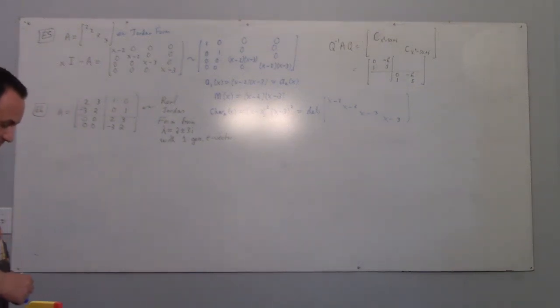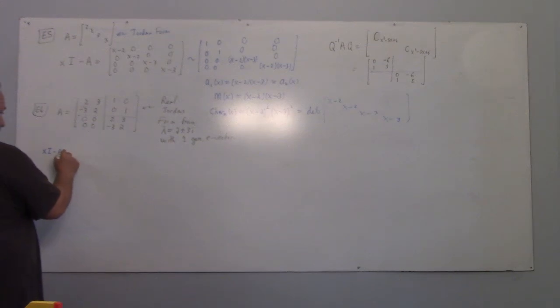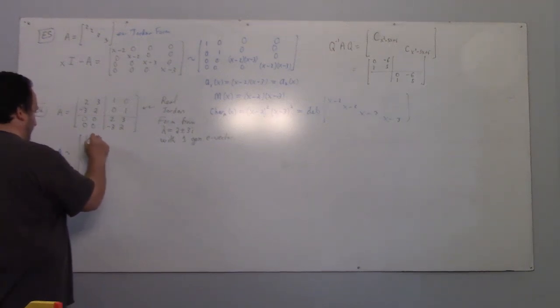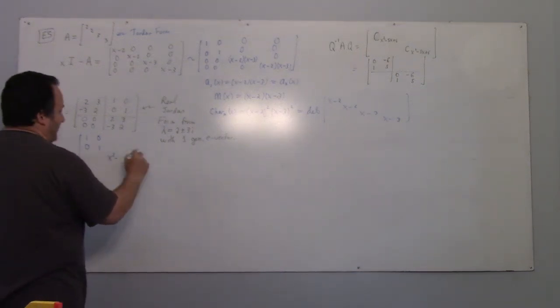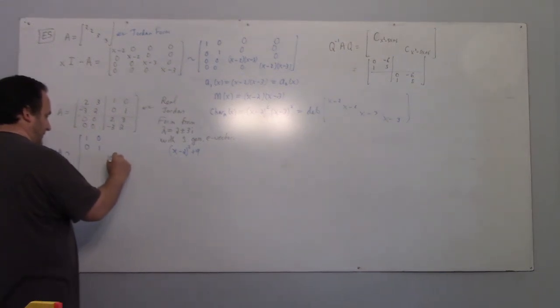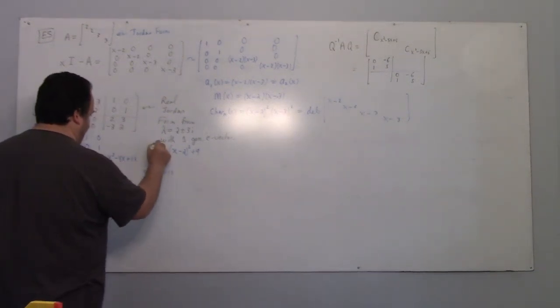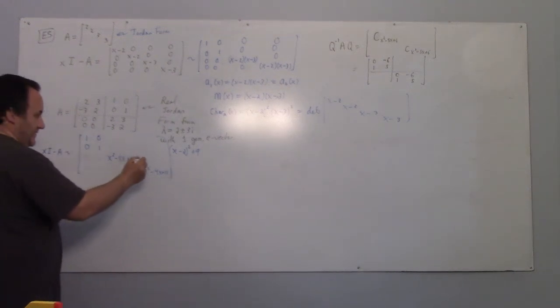You won't find many people explaining this, but if we were to look at xI minus A, it's going to work out to 1, 1, and then you'll have x squared minus 4x plus 13, which is (x - 2) squared plus 9, and then another x squared minus 4x plus 13. Zeros elsewhere.